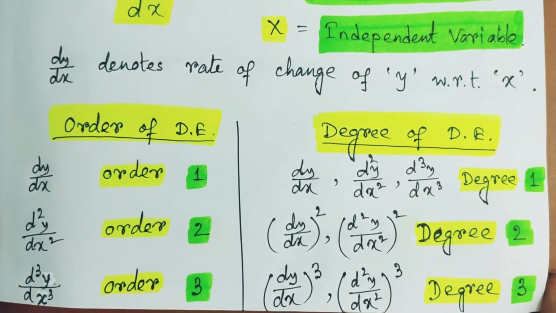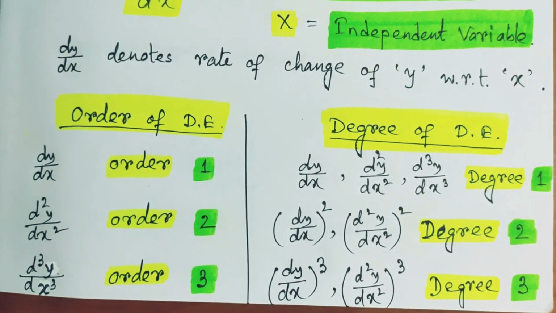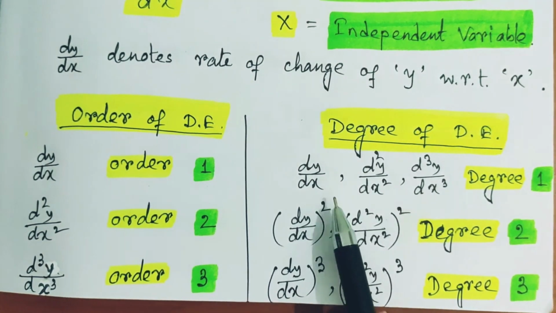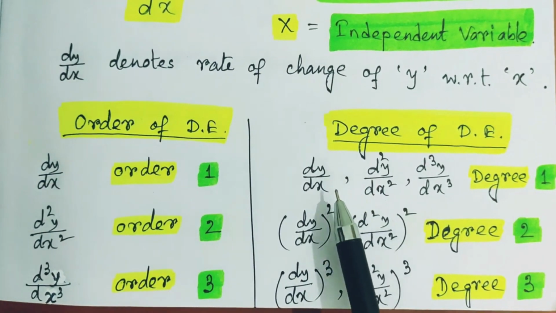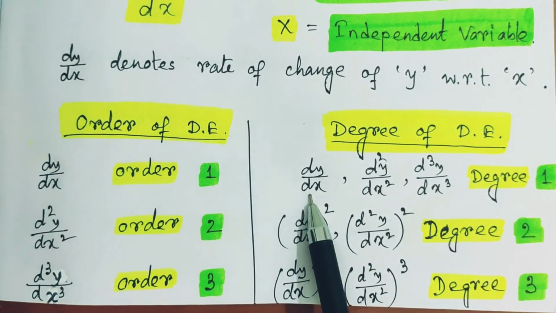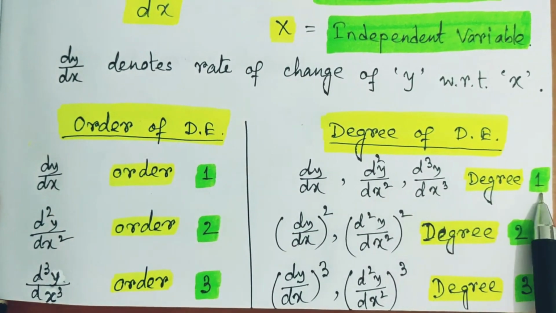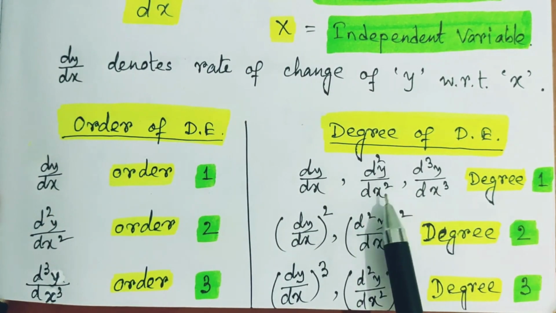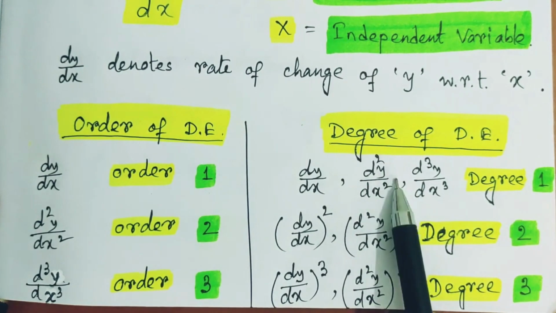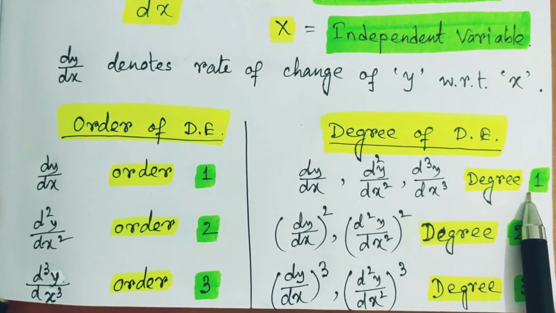Likewise, when we are going to verify the degree of a differential equation, at that time we should find out that the highest order derivative has how much power. If dy/dx only is involved in the differential equation, then its degree should be 1. Similarly, d square y by dx square involved but its power is 1, then its degree should be 1.